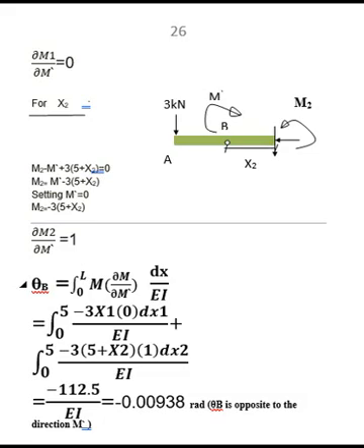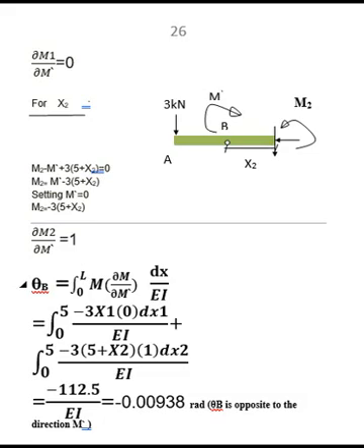For x2, we will take moment at point O. Then this will be M2 minus M dash plus 3 times the distance for the force 3, which is 5 plus x2, equal to 0.